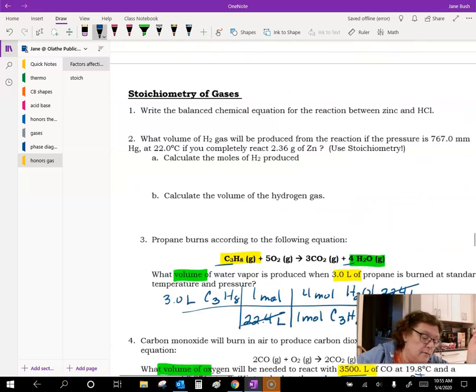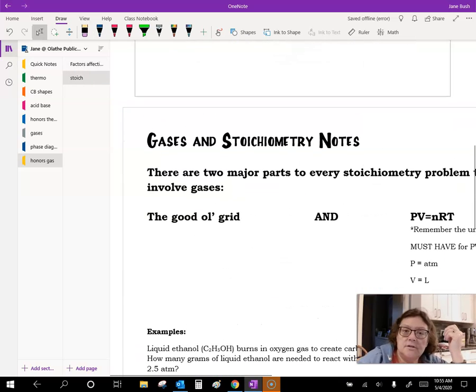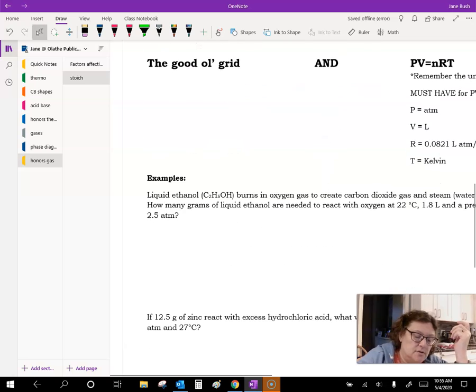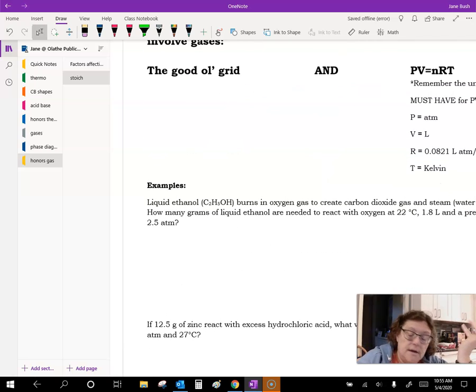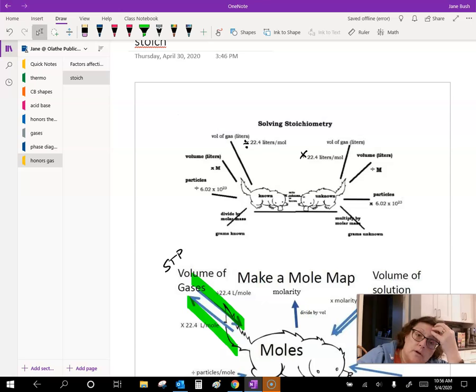Now, if we go to this page, gas and stoichiometry notes, it gives you the PV equals nRT. These are starting you with something other than a volume, or ending you with something other than volume. So let's look back at our mole bridge. We've already done in class starting with grams, starting with particles, and volume of liters using a liquid.